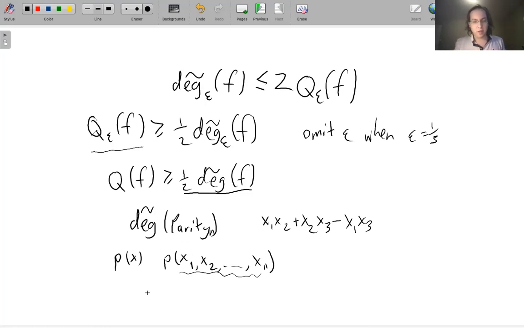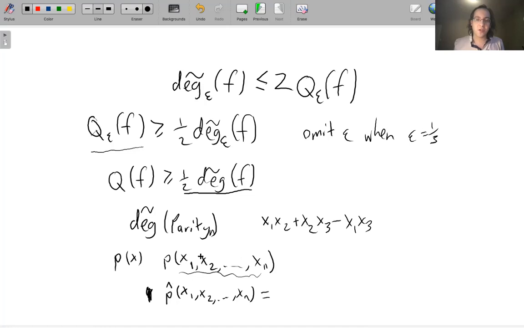So we can define a polynomial. Let's define a polynomial p hat, and p hat is going to be the average of p of every possible shuffling of the input.